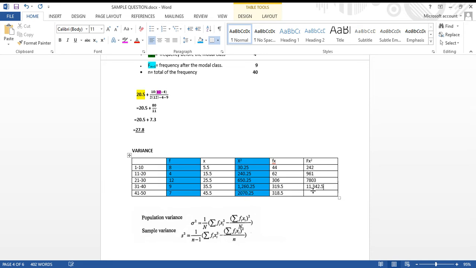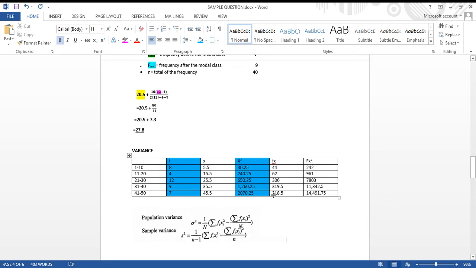And then finally, 7 times 2,070.25 gives 14,491.75. So now we have done that, and we've got everything in our table.